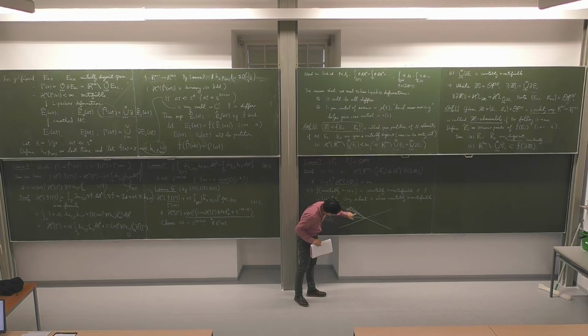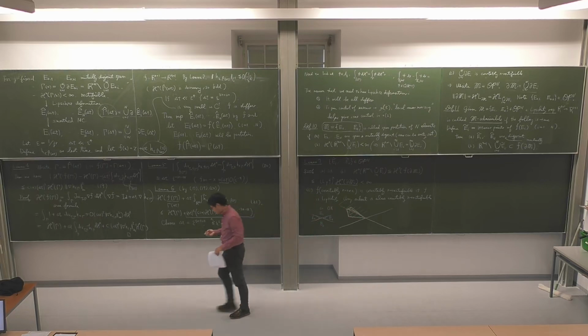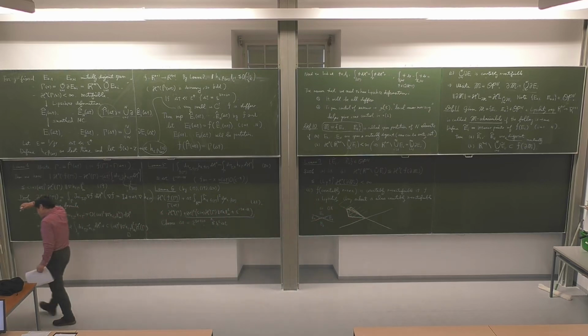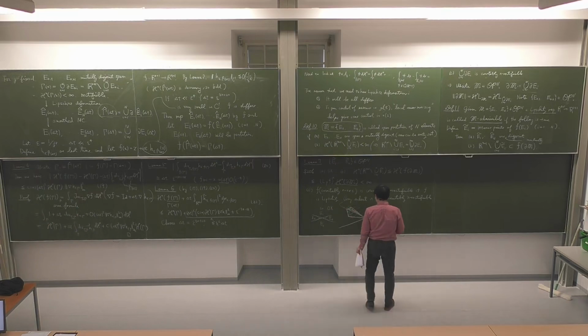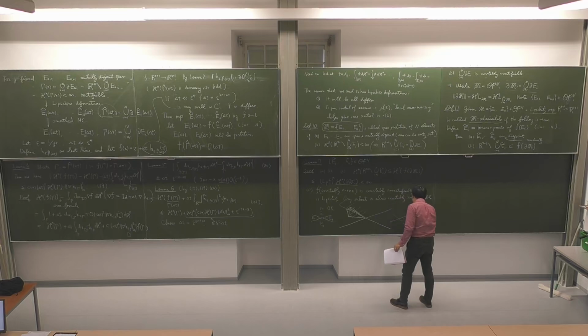So this E1 tilde's boundary is included in the image of the boundary. So this can be done with this map. Under this admissible class, you can map this cross into something which looks like this.